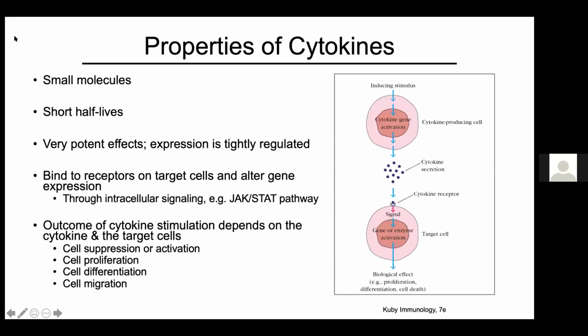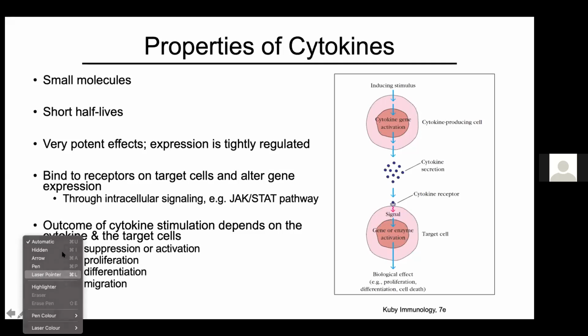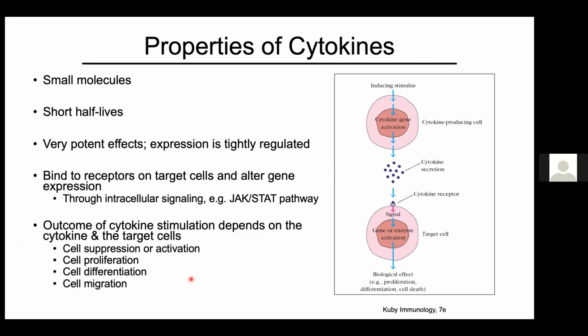So we'll describe some of the properties of cytokines. They have some really distinct properties. One is that they are small molecules. They have a low molecular weight, rather. They have short half-lives. So once they're secreted, they're not going to be found in these biological fluids for a very long time. So they degrade very quickly.